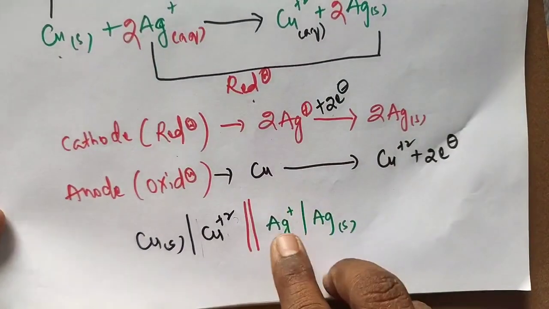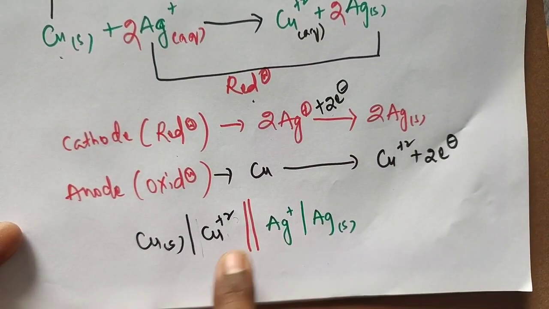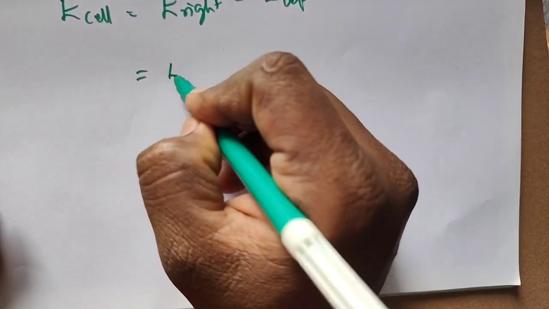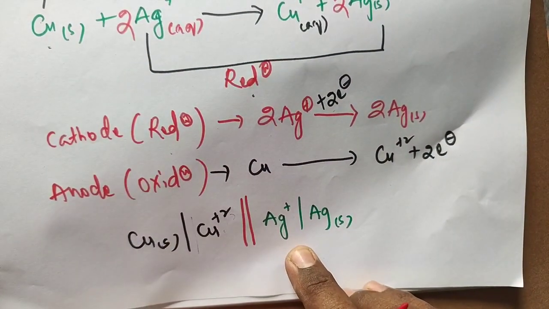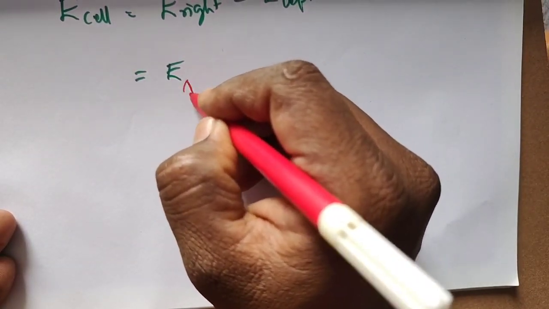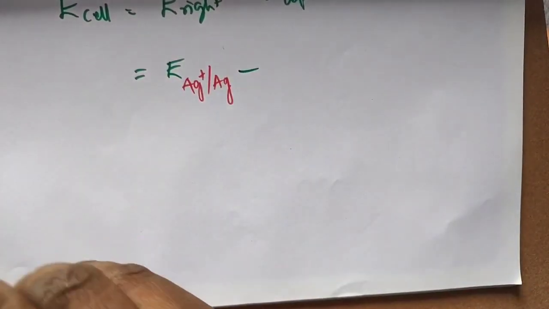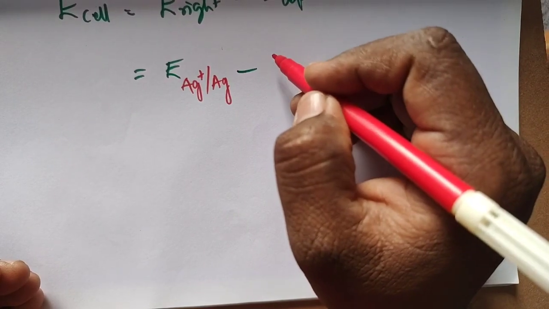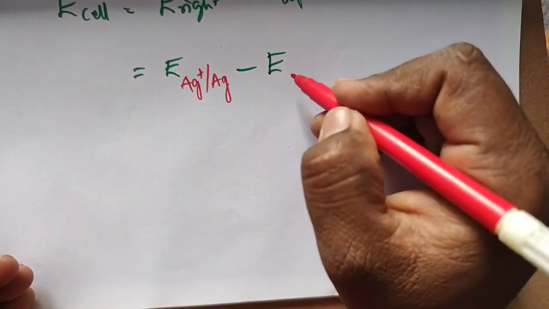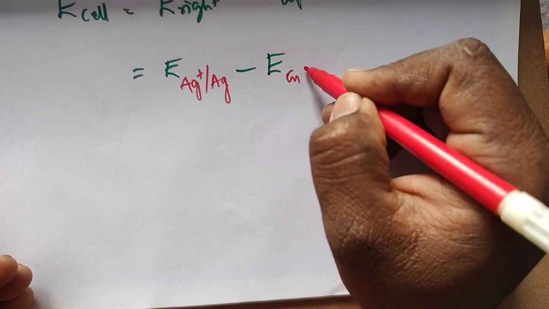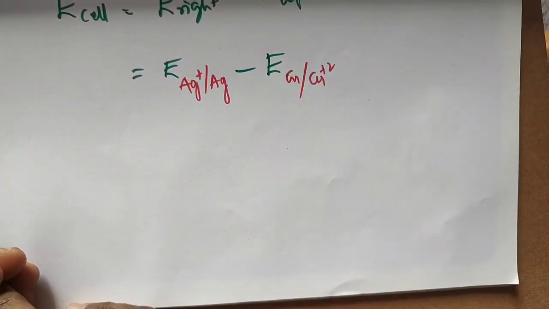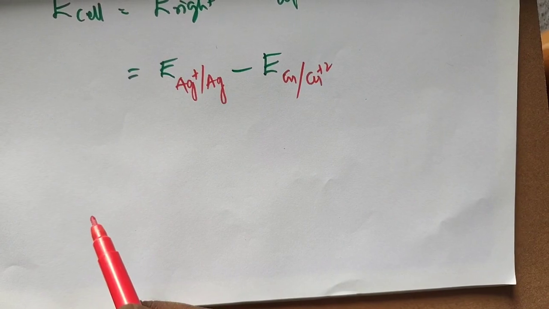The right side is Ag plus, Ag, minus E left, which is Cu, Cu plus 2. So this is the E cell potential of the galvanic cell.